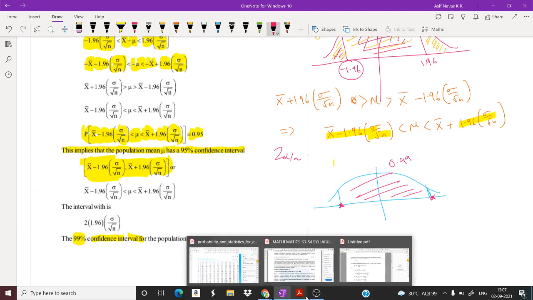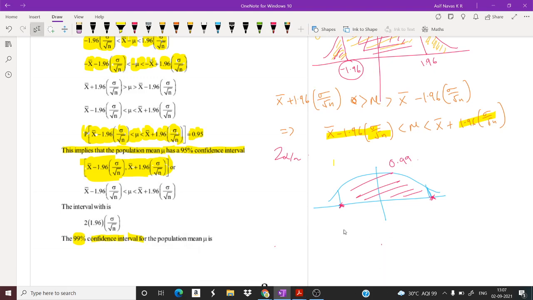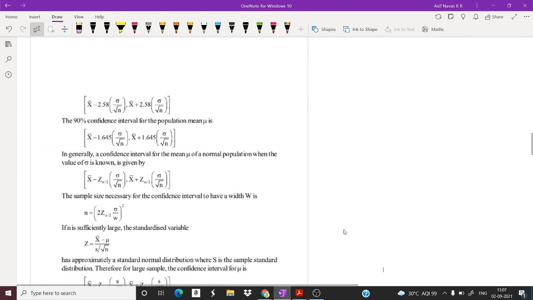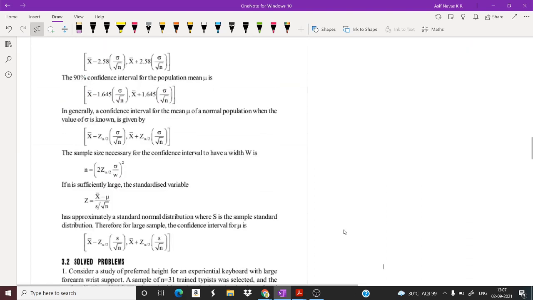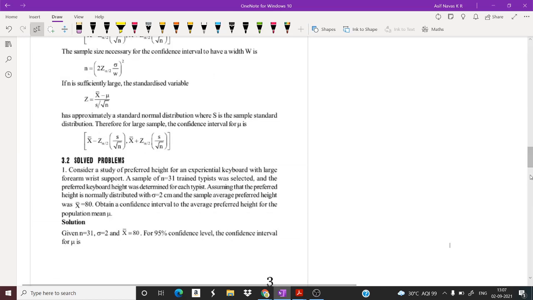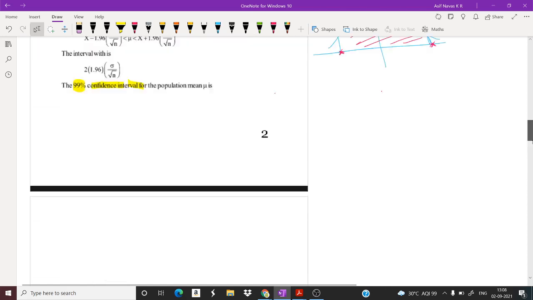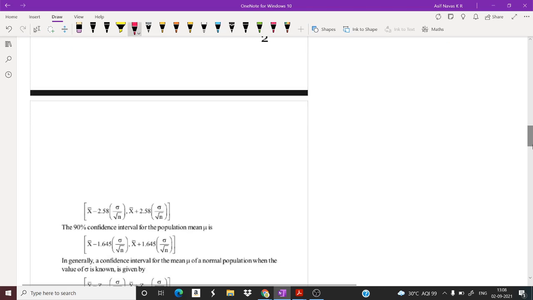Okay, now from the normal table we will find the value for the 99% confidence interval. The value is minus 2.58 to 2.58.